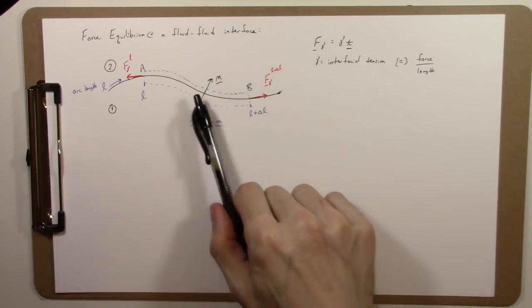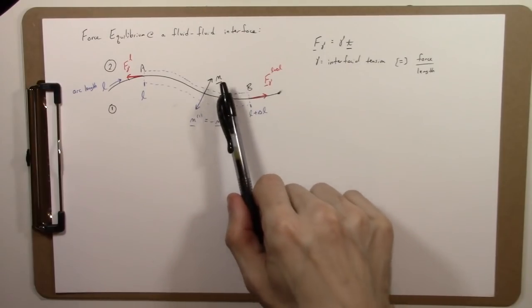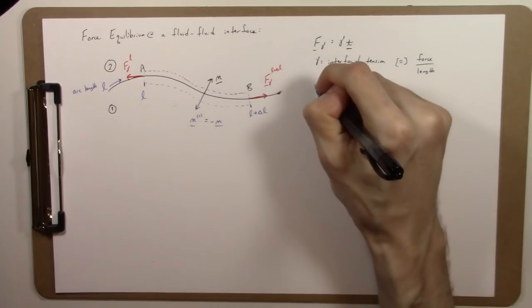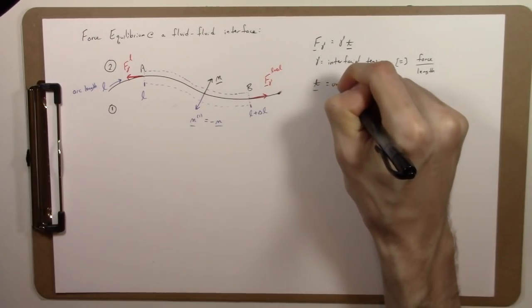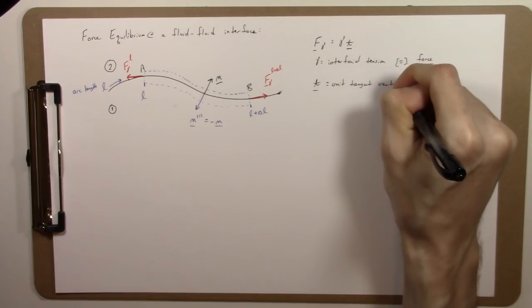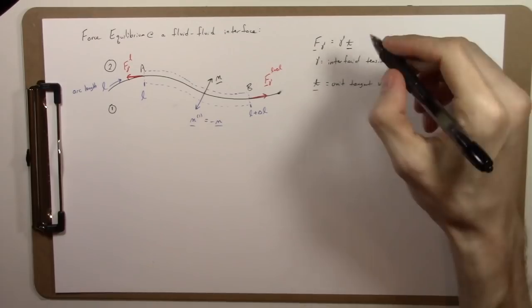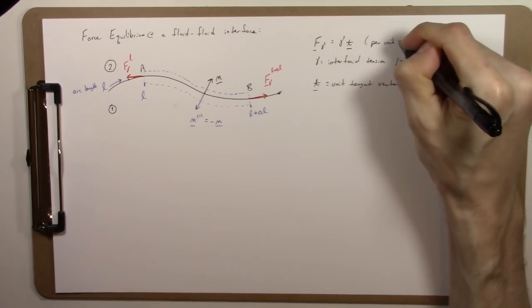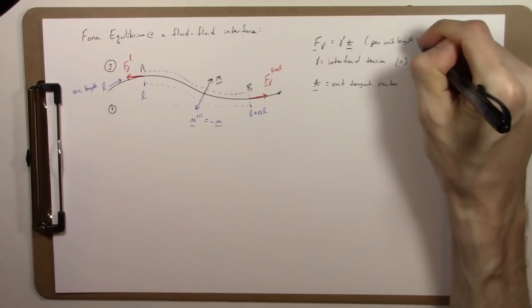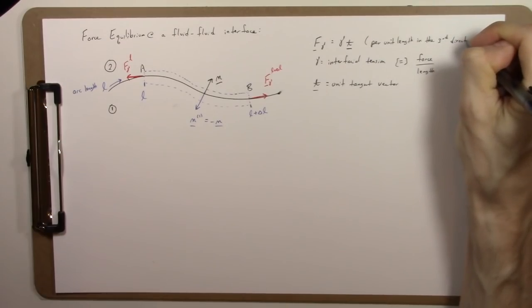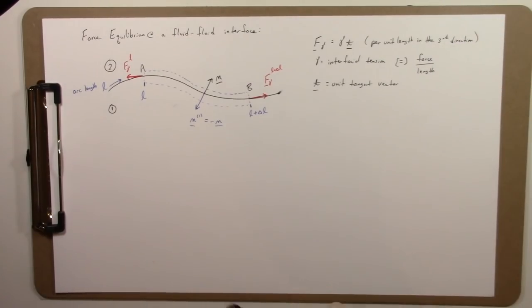So in this case, it's just a force we add up when we're doing total forces per length acting on the interface. We just take the surface tension multiplied by the unit tangent vector T. So I'll just specify per unit length in the third direction, which is into and out of the paper. We're assuming that just to be unit length, or we're just considering the case of a 2D interface.